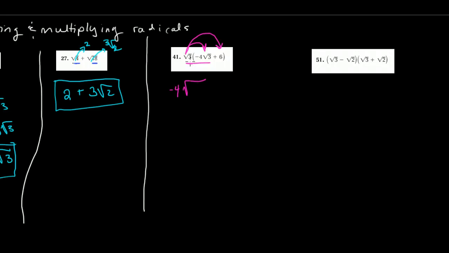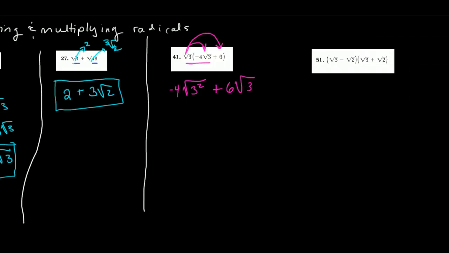And as we know, we can just put that under one radical. And radical 3 times radical 3 is radical 3 squared. Now we will multiply the radical 3 times the positive 6. So that will be a plus 6 times radical 3.